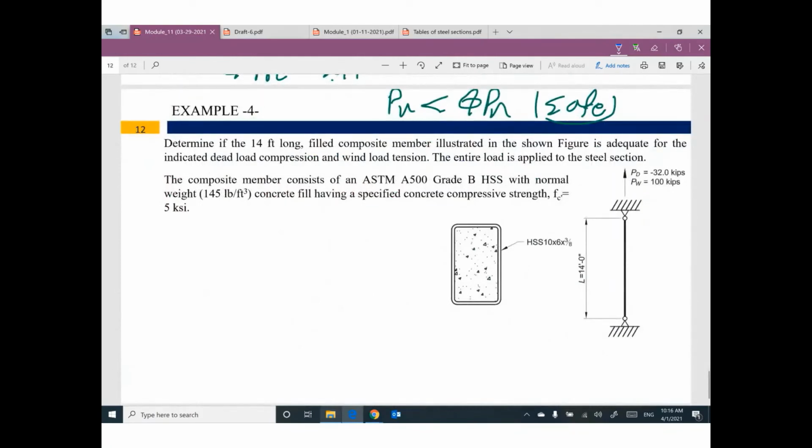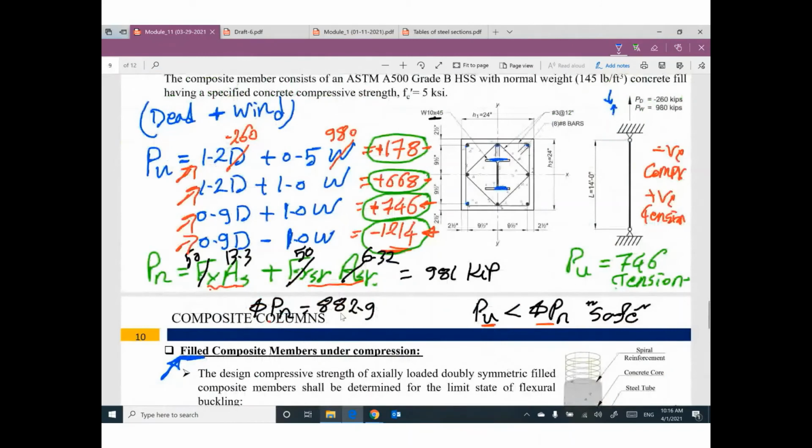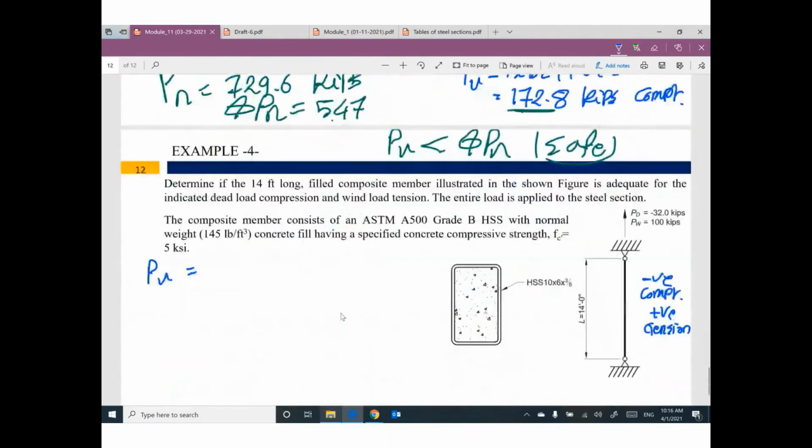So for this column, we have dead load and wind load, negative 32. I will assume negative is compression. Positive will be tension. Let's start. So P ultimate probably equals, do you remember the load cases? 1.2 dead, 0.5 wind.